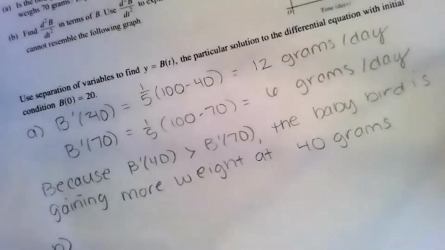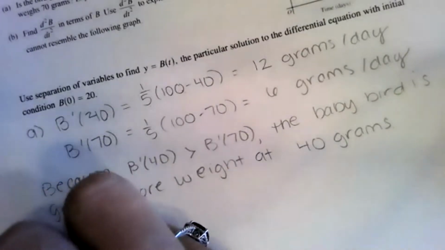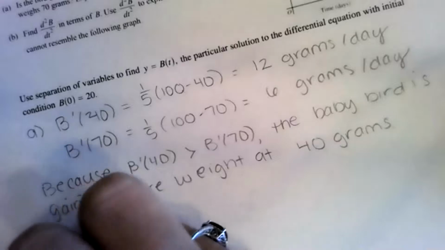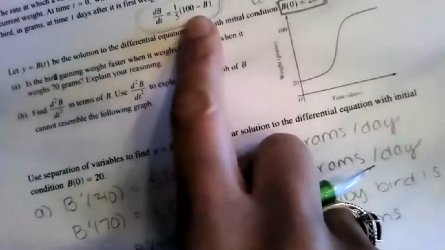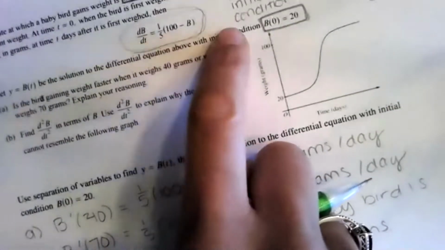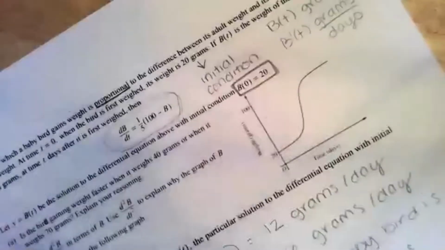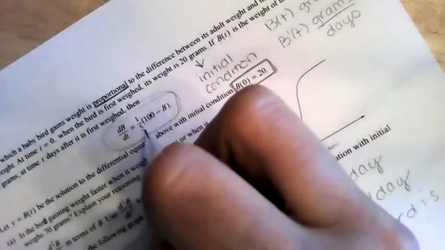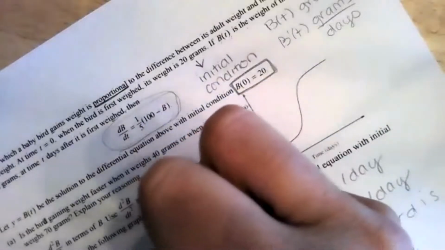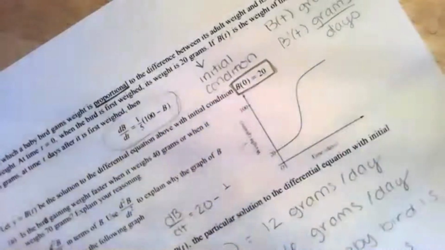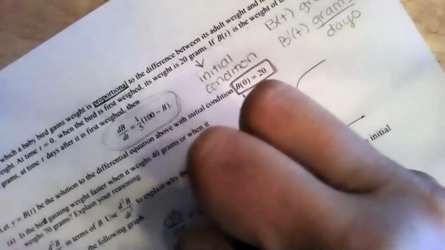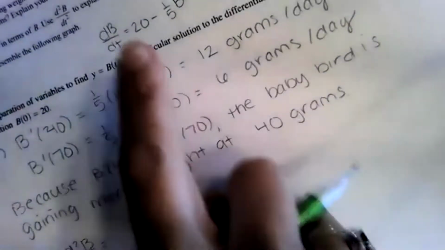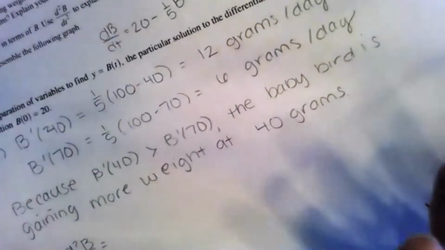Part B, find the second derivative. All right, so I gotta find my derivative. This is a function that I could easily distribute the 1/5. So dB dt is equal to 1/5. So 100 divided by 5 is 20 minus 1/5 B. So now the derivative of a constant is 0.